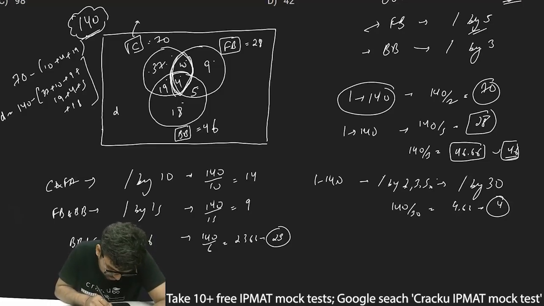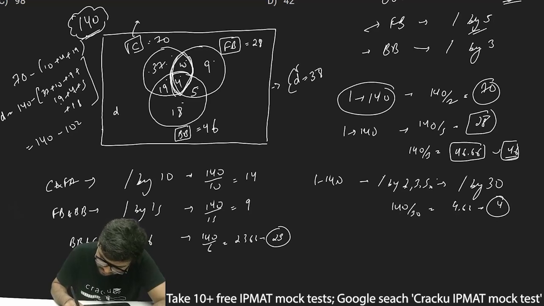So 37 plus 10 is 47, plus 9 is 56, plus 19 is 75, plus 4 is 79, plus 5 is 84, and 84 plus 18 is 102. So this is equal to 140 minus 102, and thus D is equal to 38.